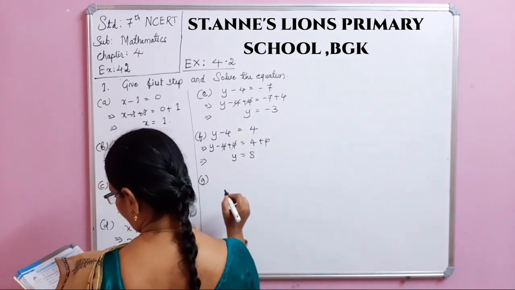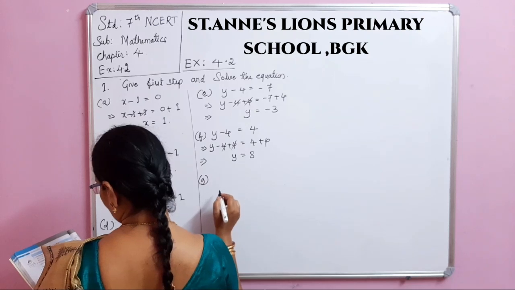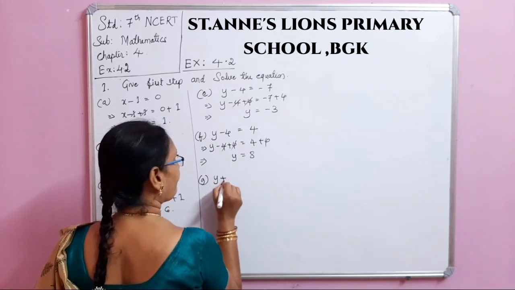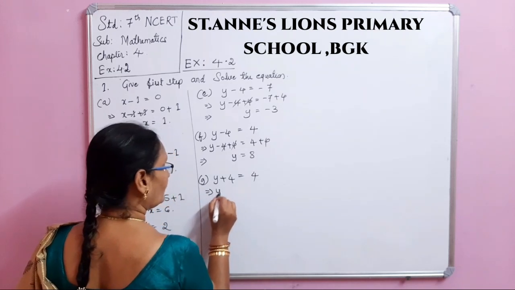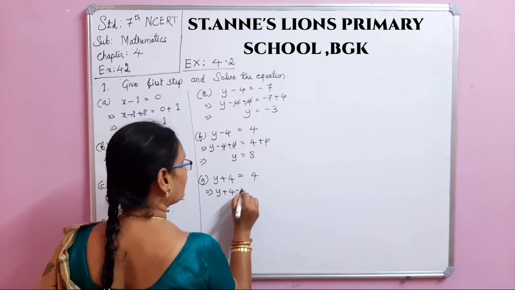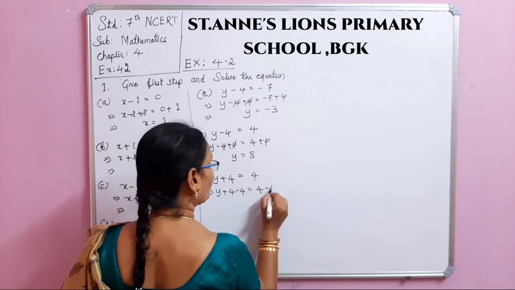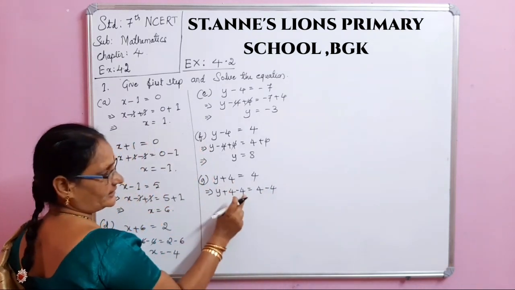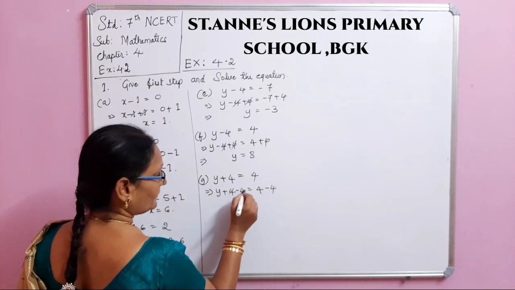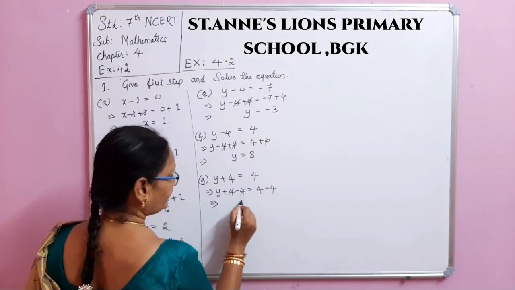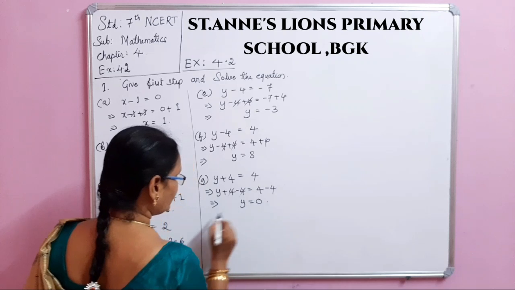Next, G. y plus 4 is equal to 4. y plus 4 minus 4 is equal to 4 minus 4. Here plus 4 is there, so we have to take minus 4 here, and here also minus 4. Plus 4 minus 4 got cancelled. y is equal to 0.